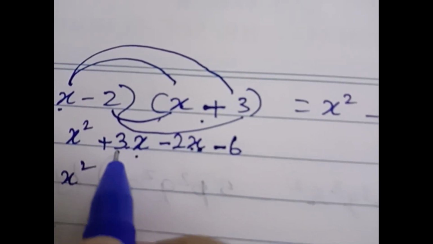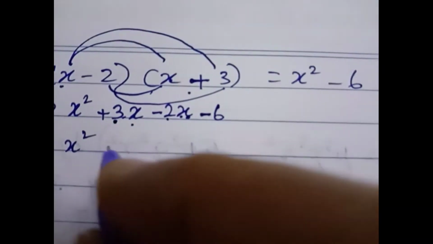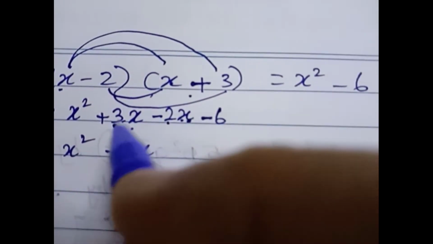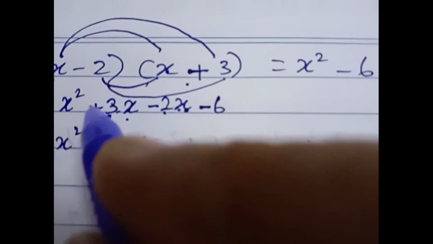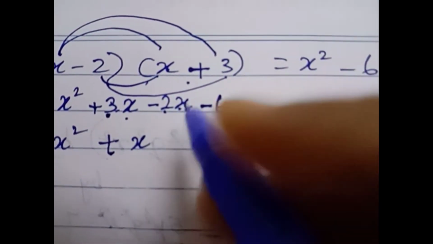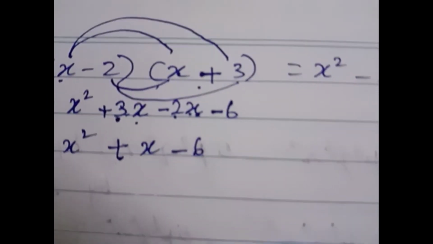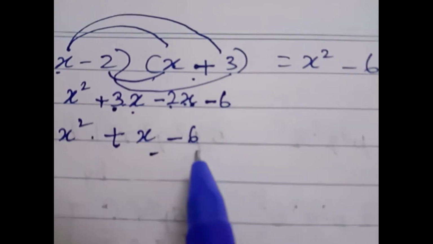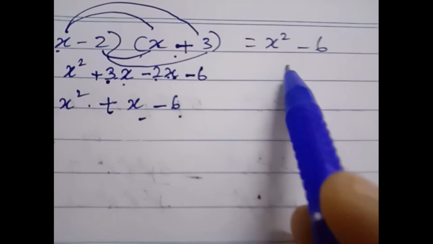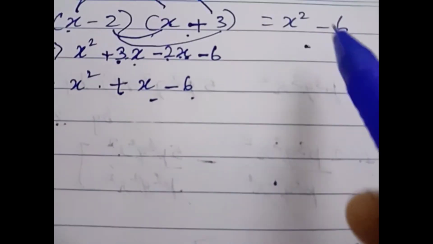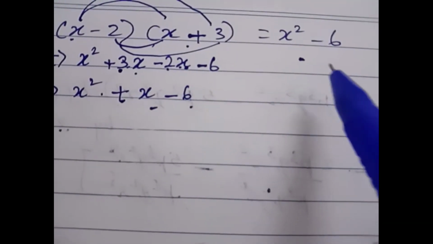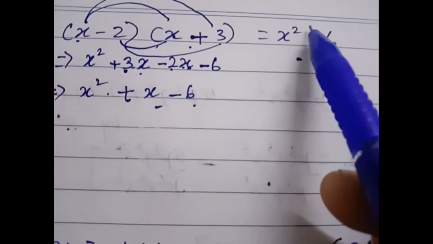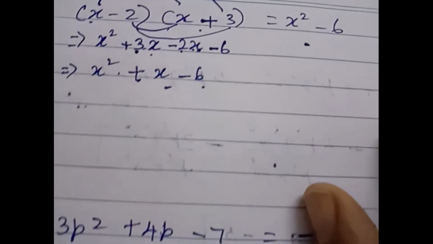So you can simplify this one. 3 minus 2 is 1. So plus x. Greater number sign is plus. So you have to write plus minus 6. Your answer is x square plus x minus 6. But in your right hand side, the term plus x is not given.